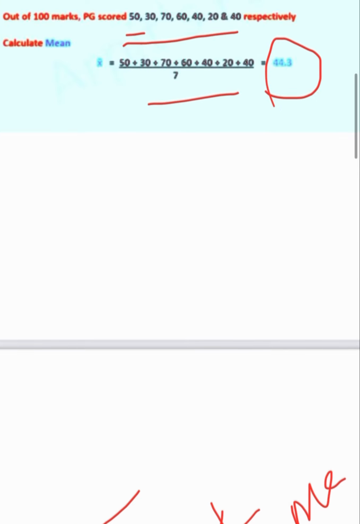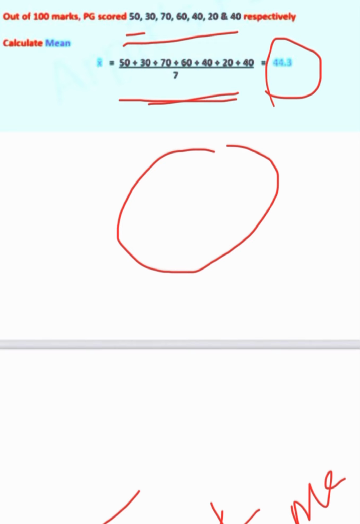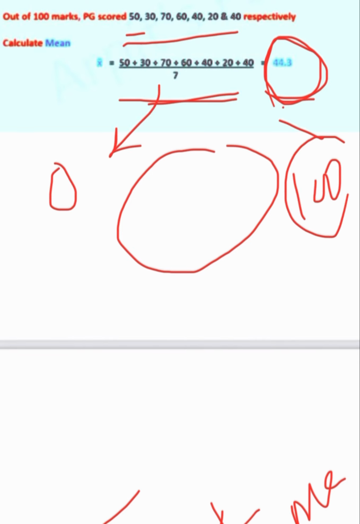So what are outliers? Outliers are nothing but values which are not close to your given values. Simply 50, 30, 70, 60, 40, 20, 40 are the scores of the students. If we calculate, the mean is 44.3, but if some students score 0 and some score 100, then it will give you a different average which does not resemble the others.